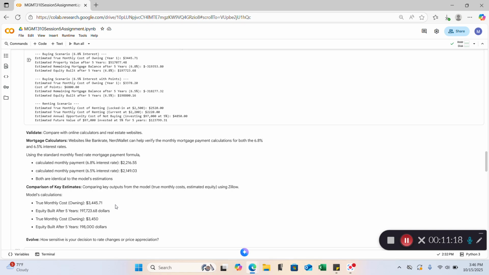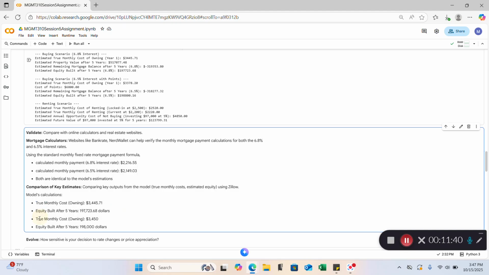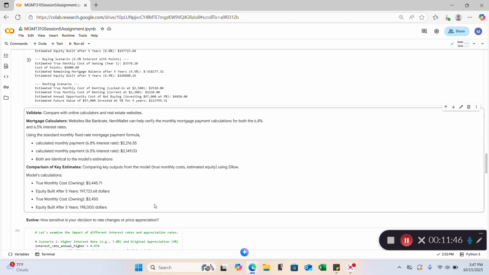The equity built after that 5-year period would be $197,000. And with the Zillow calculation, it would end up being 3450, and then the equity built is $198,000. So this first part was ours, and this second part was the Zillow calculations. Just putting them right here so you could see what they look like.